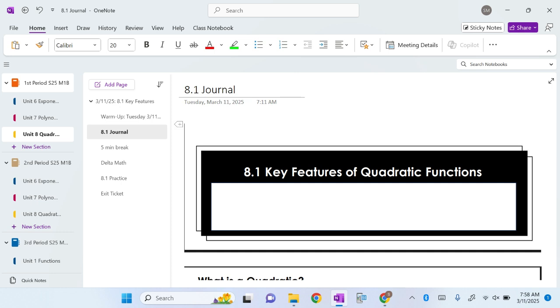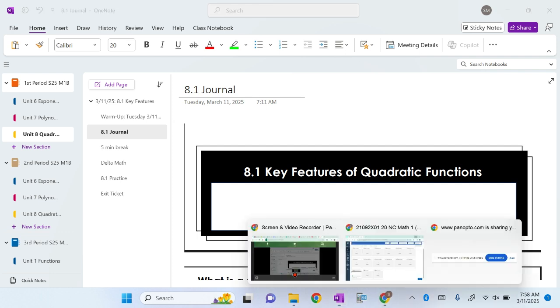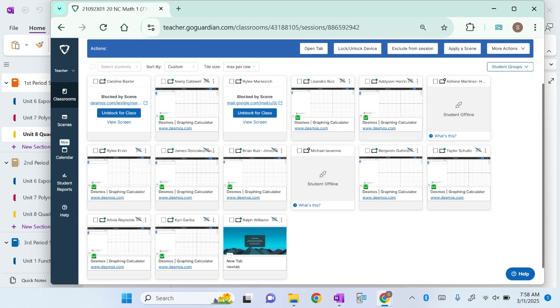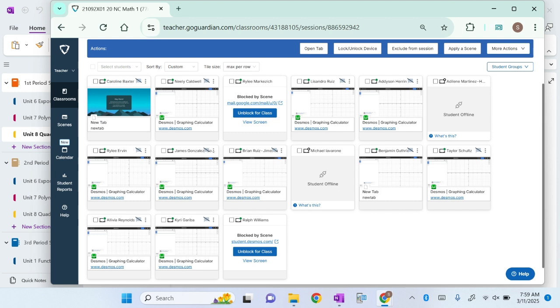Anyway, today is all about, yes. So guys, I'm talking about the Desmos calculator.